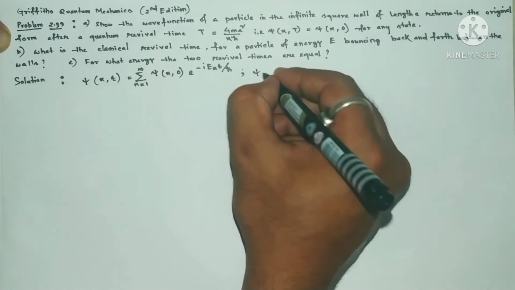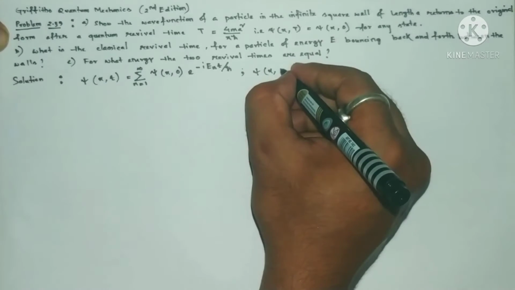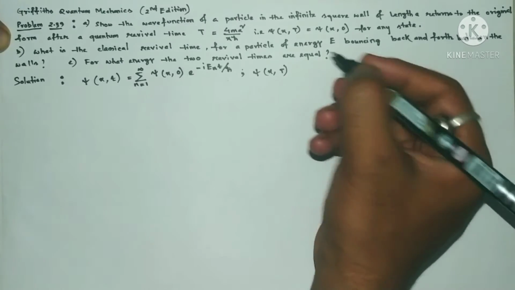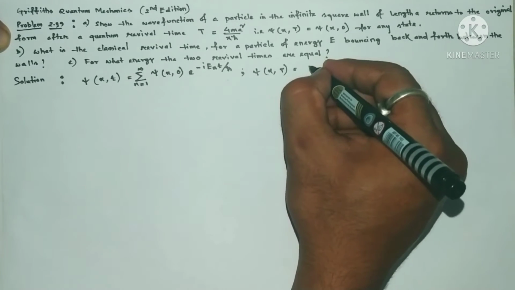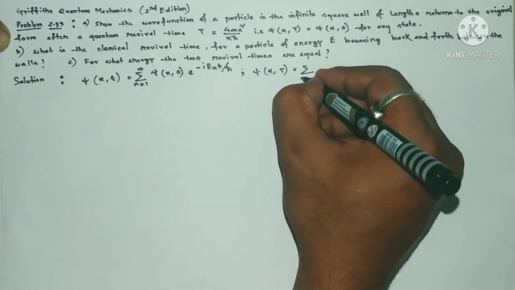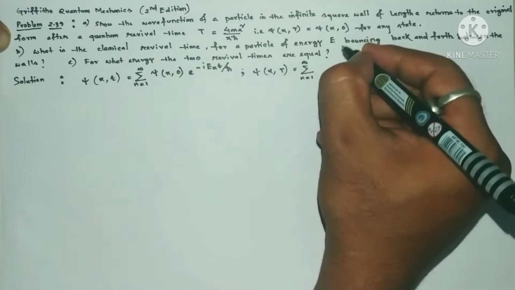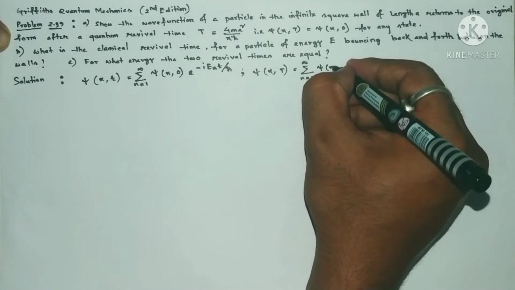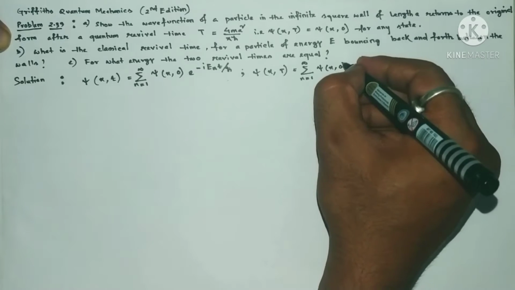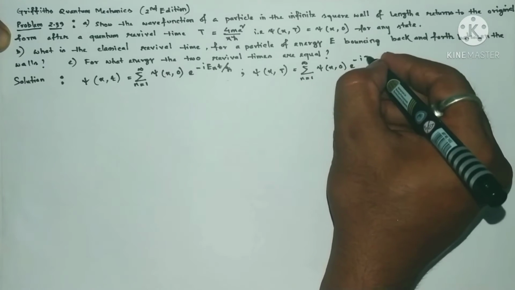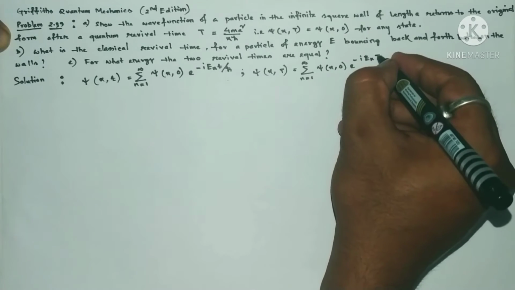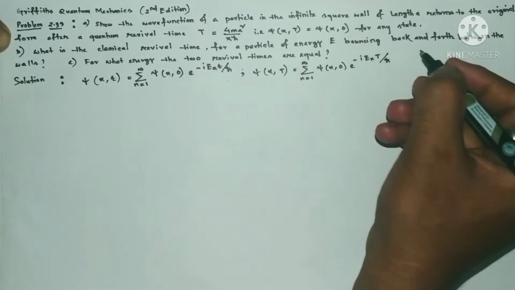Then for ψ(x, T), it will be equal to the sum over n from 1 to infinity of ψ(x, 0) e^(-iE_n T/ħ).